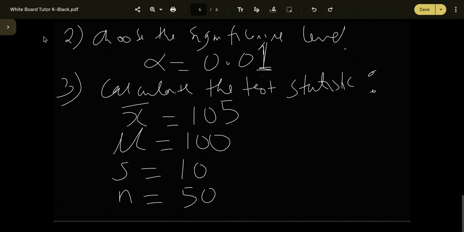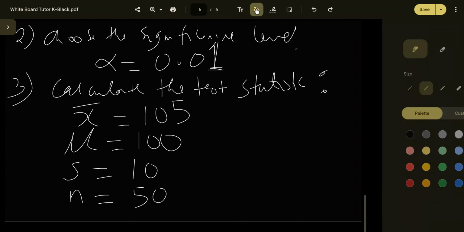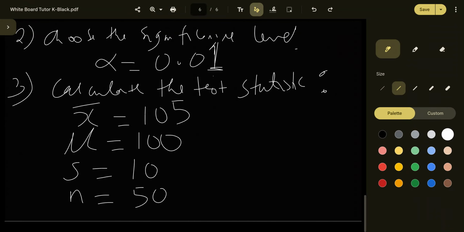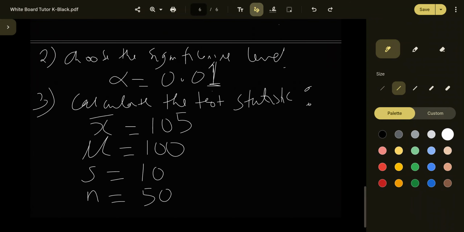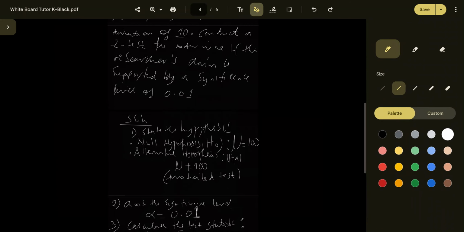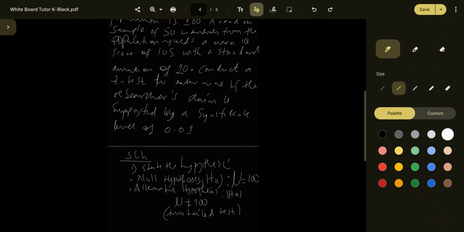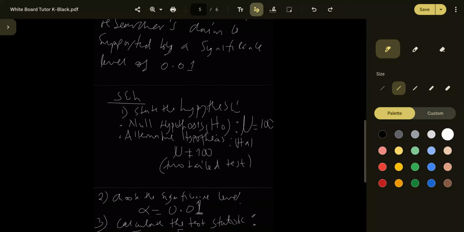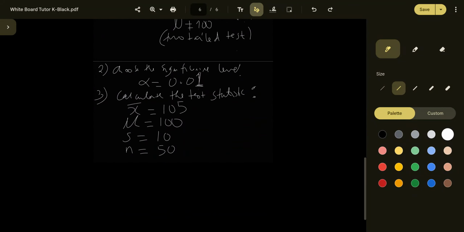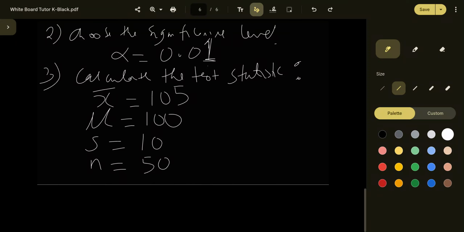We've stated this, so now let's use the formula. I just hope it will fit here. So on this side, I'm going to use this formula.